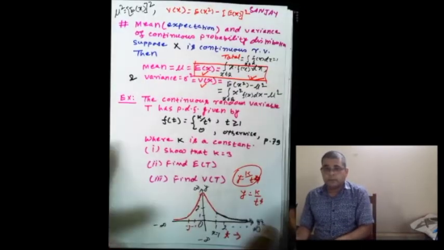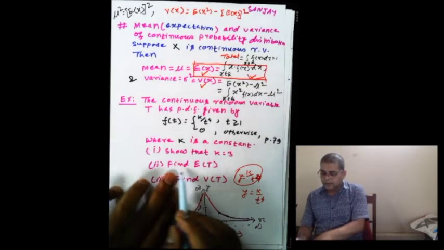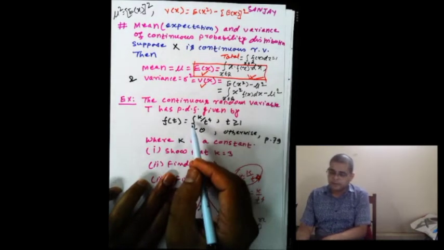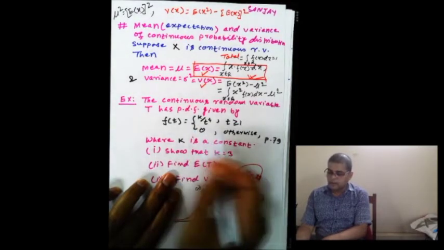Now in the same question, the question is asking you to find the expectation of t, that is, the mean of this distribution. You have to find mu, or the expectation, or mean of this function.